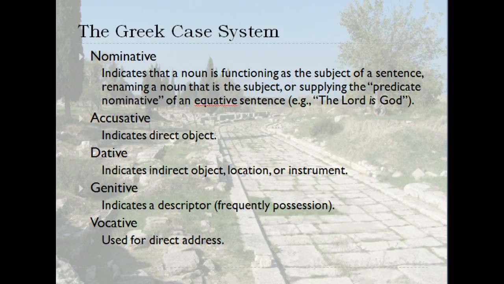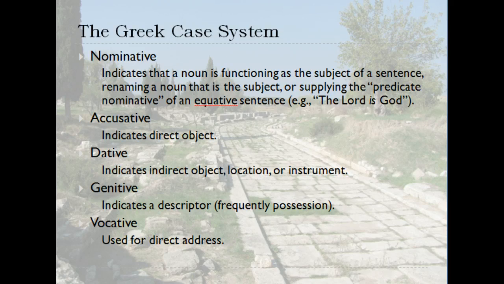And in fact, the genitive case is the most fluid case in Greek. It has a wide variety of possible functions or senses to it. But for now, it is simply important to associate the genitive case with the marking of a noun as a descriptor of another noun.